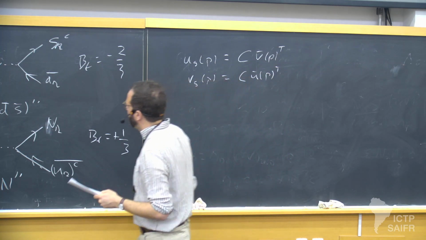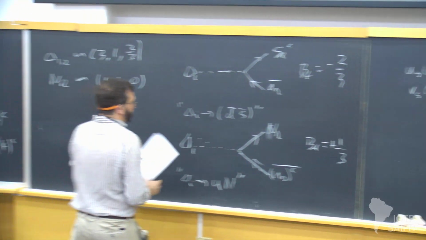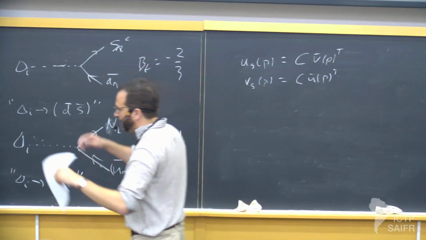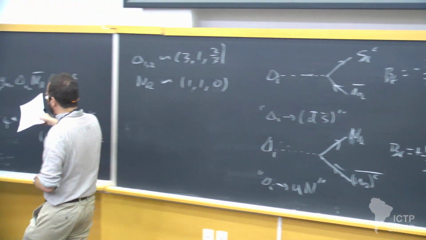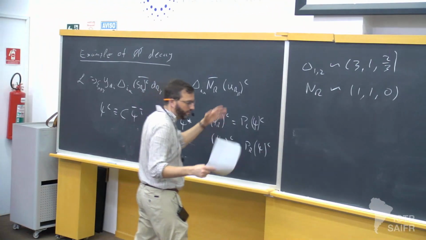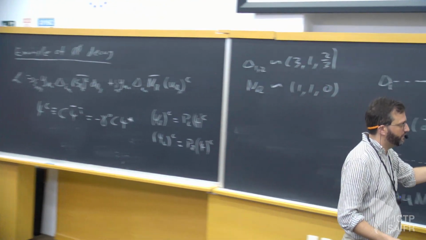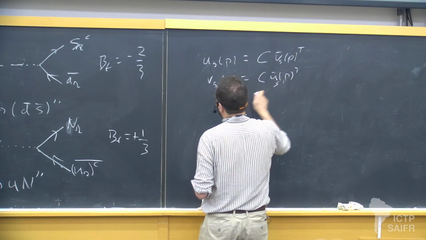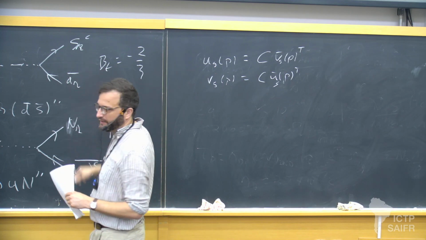Okay? So if you use these relations in the expansion of these fields in terms of the momenta, you'll see what spinors will appear here in the final states, yeah?